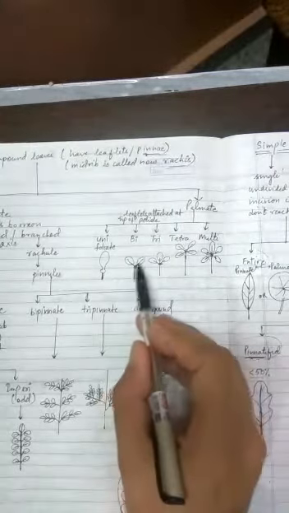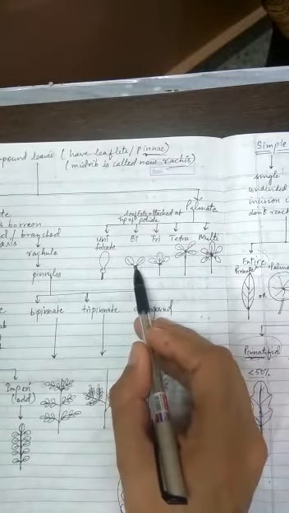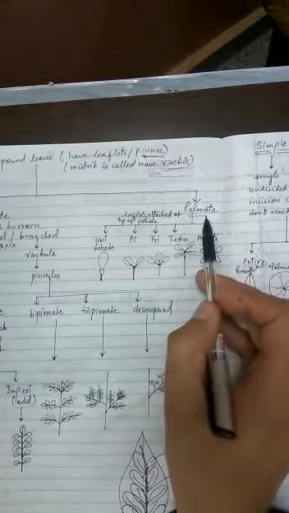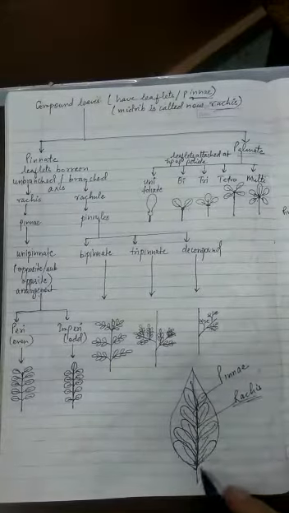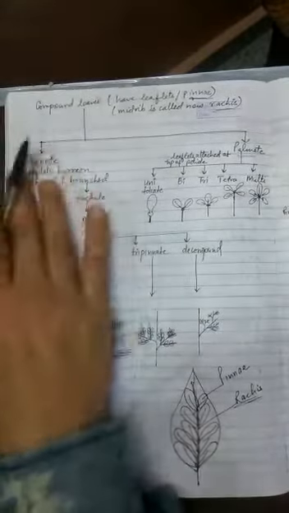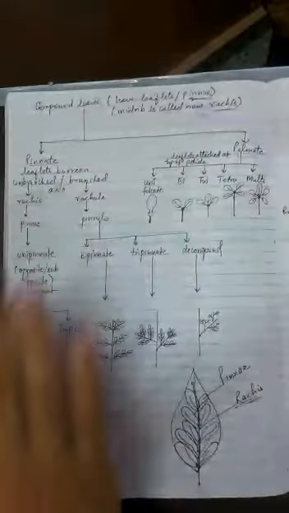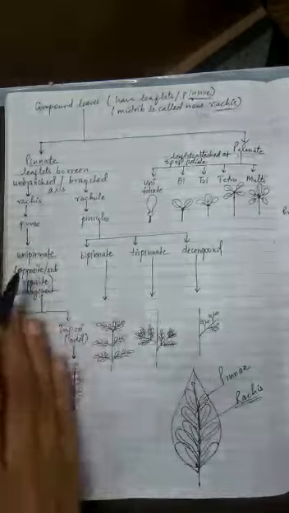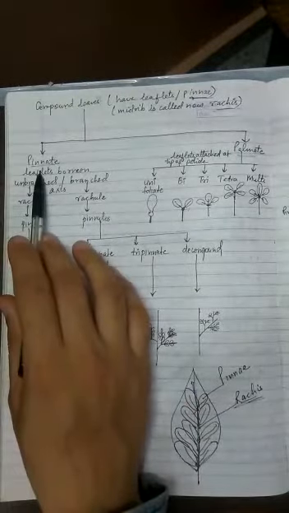So when the leaflets appear to be attached to the tip of the petiole, it is a compound leaf, but it's a palmate type of compound leaf. And if the leaflets are attached to the rachis, they are called pinnate type of compound leaf. So how do you distinguish these two? Here it is unicostate venation which has given rise to pinnate type of compound leaf.